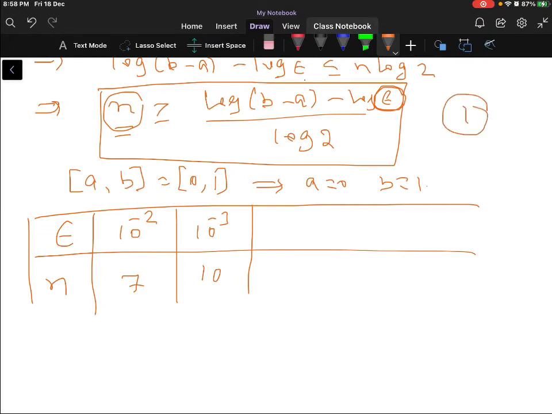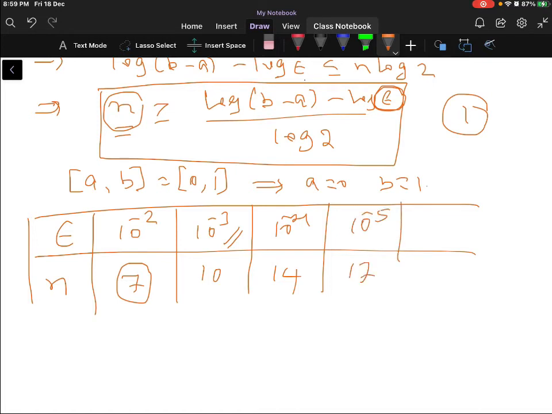If you substitute epsilon equal to 10 to the power of minus 2 in relation 1, with b equal to 1 and a equal to 0, we get 7 here. Similarly, we can find n by using epsilon 10 to the power of minus 3, with b and a as 1 and 0. If I take the error as 10 to the power of minus 4, it requires 14 iterations to get the desired degree of accuracy of a root.